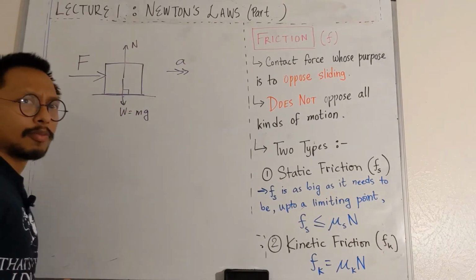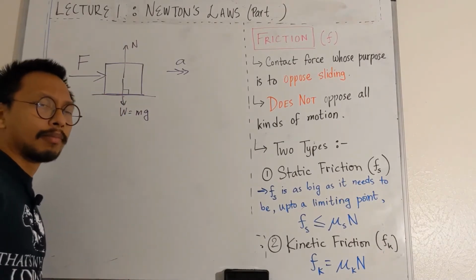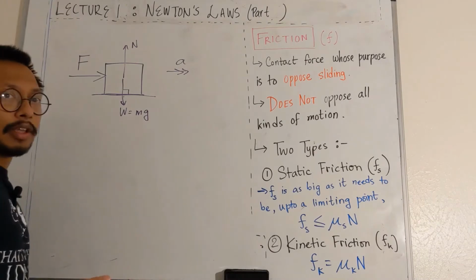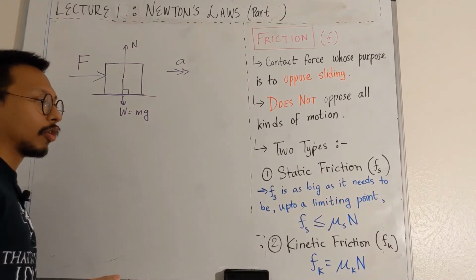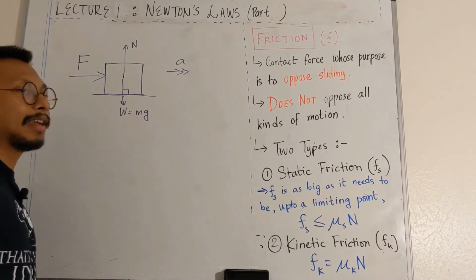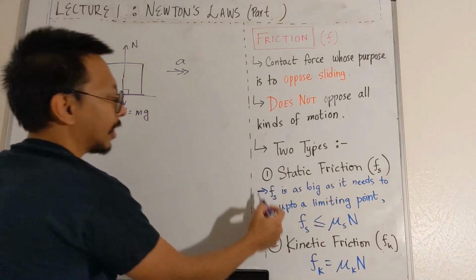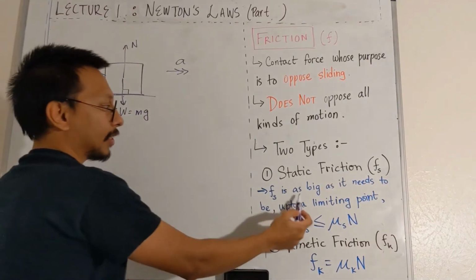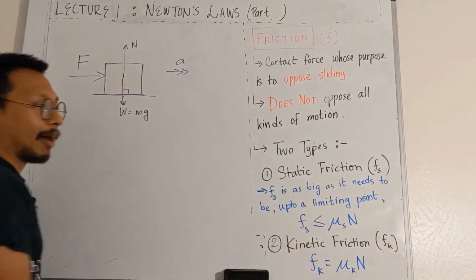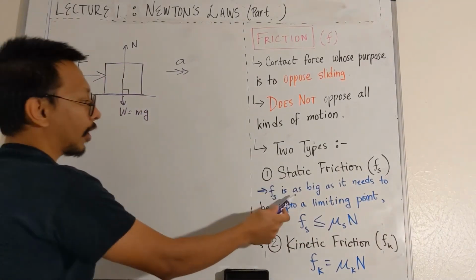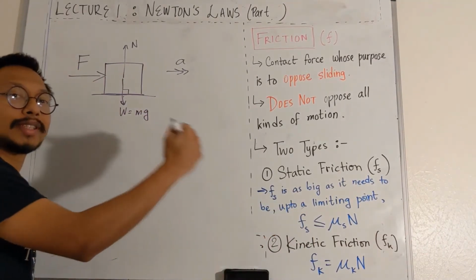When you try to move it for the first time, you'll find it hard because maybe this is too heavy, right? So your initial force was not high enough. That is what this statement really means. Fs is as big as it needs to be up to a limiting point for it to oppose sliding.